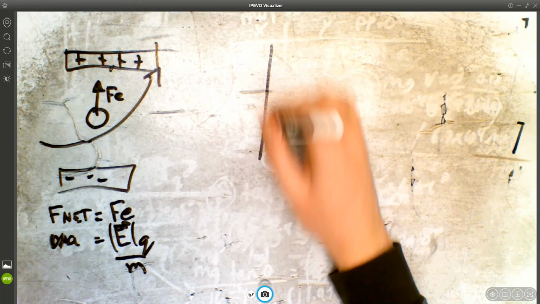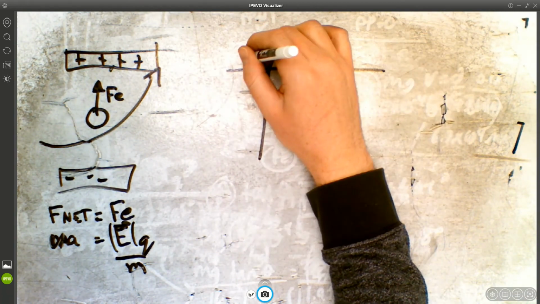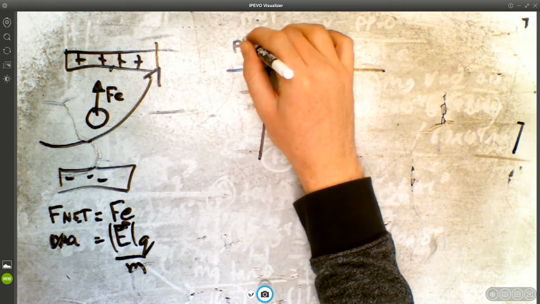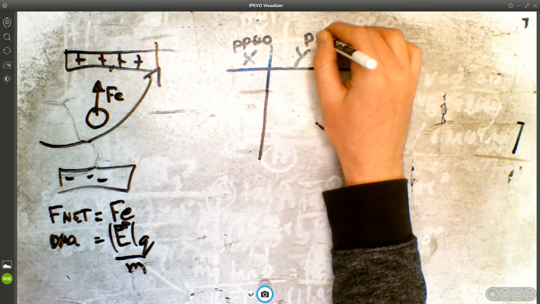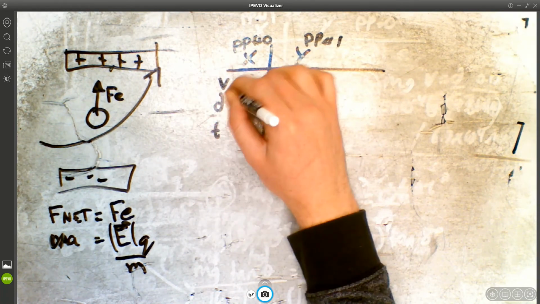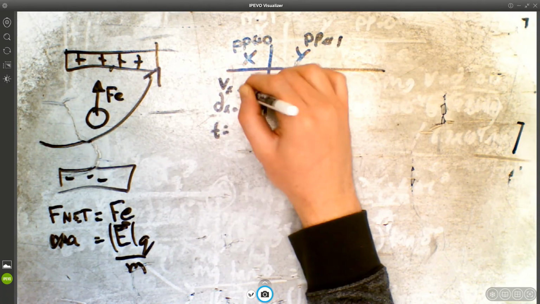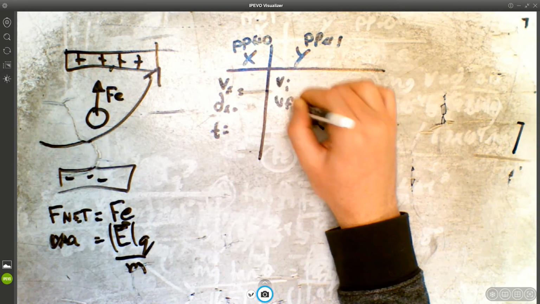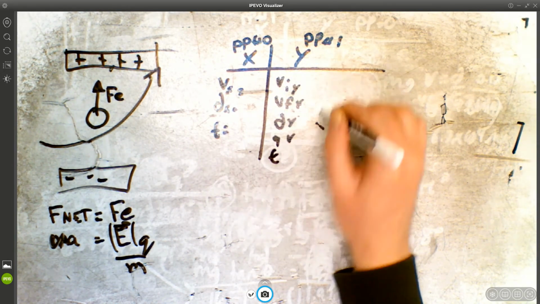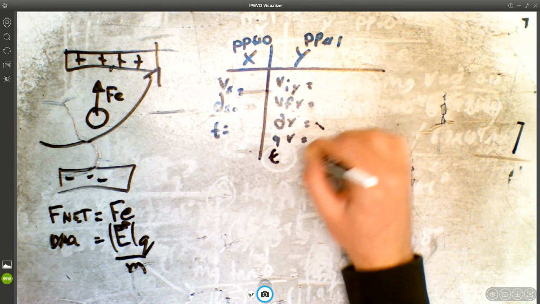That's what we'll end up doing. And what we also need is X and Y. So there's no forces on the X, so that's physics principle 0, physics principle 1, V, D, T, VI, VF, DAT. And let's fill in what we know.